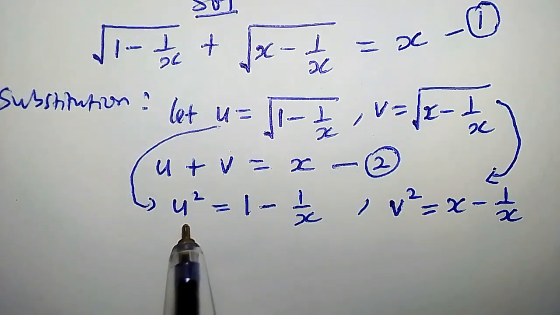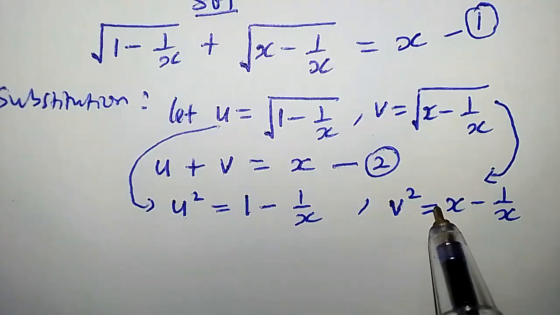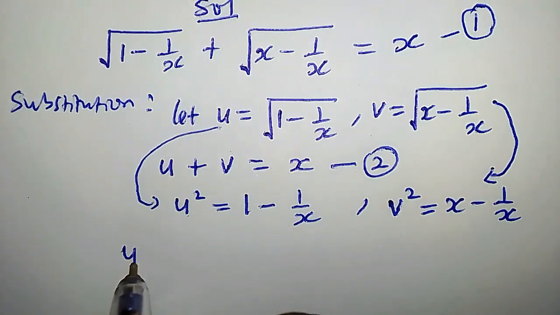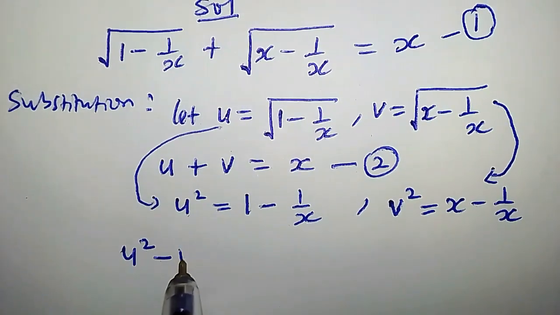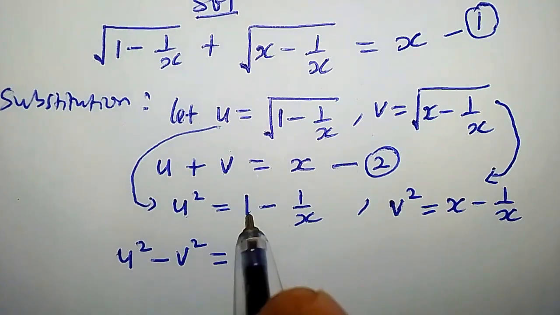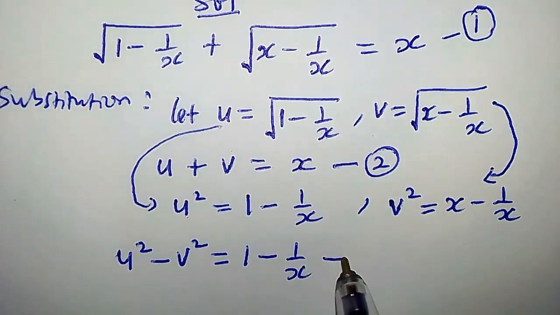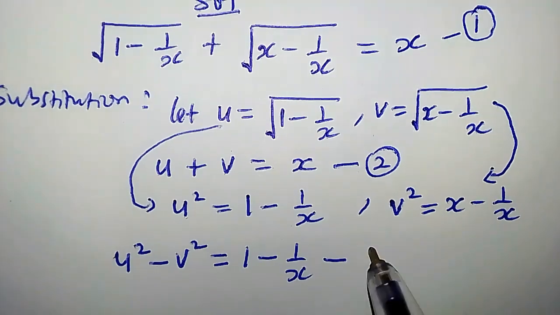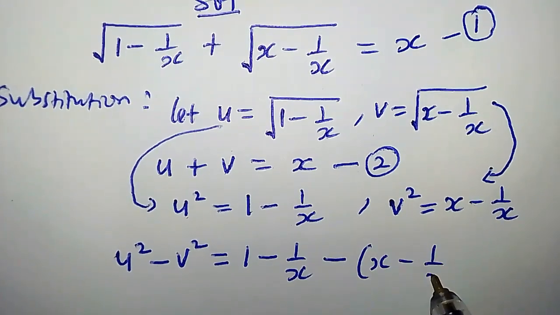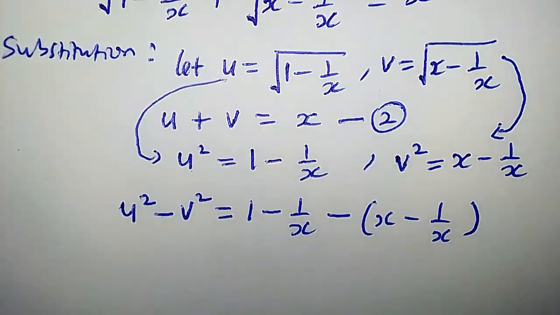Now, let us subtract these two equations. Doing that, we have u square minus v square equal to this guy, 1 minus 1 over x, minus this guy, x minus 1 over x. Let's continue.